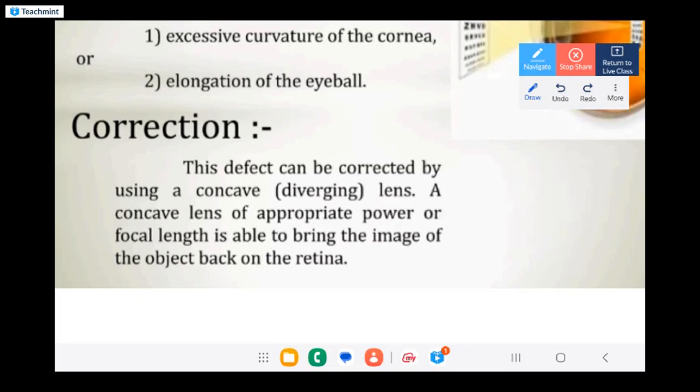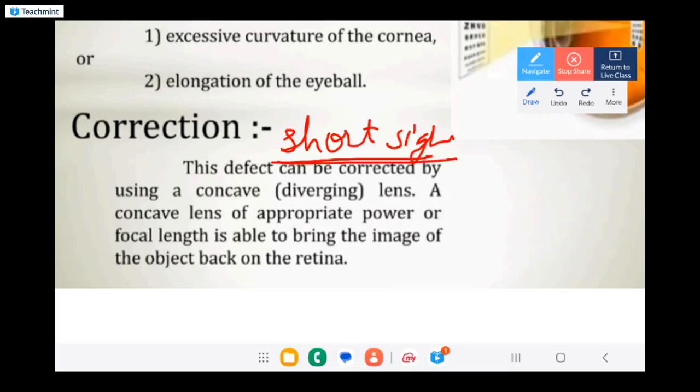That means they can view things at a short distance, close to them. Such people are advised to wear spectacles made of concave lens. Okay, so this is the first idea that we have understood.